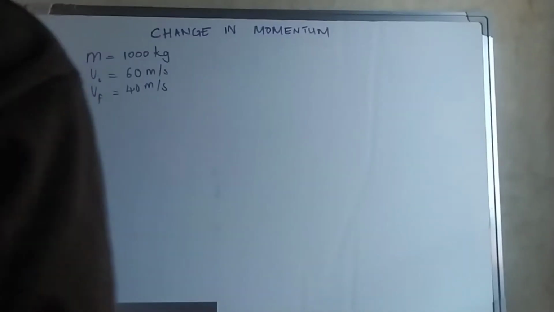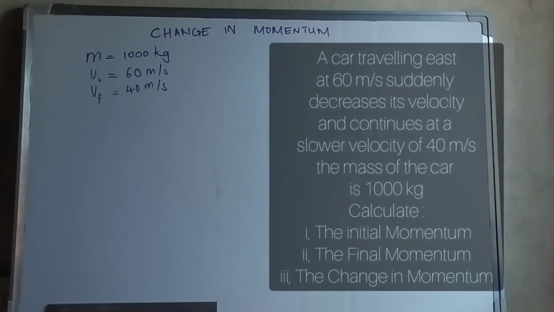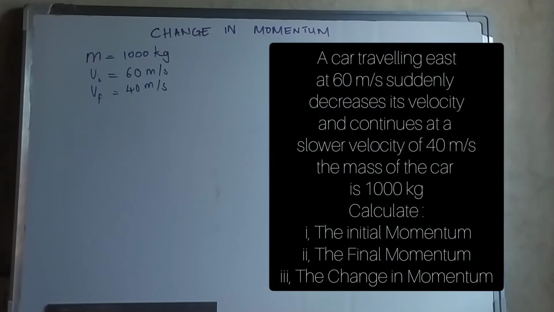Let us have a look at the first question. Let me just read it out. A car traveling east at 60 meters per second suddenly decreases its velocity and continues at a slower velocity of 40 meters per second. The mass of the car is 1000 kg. Calculate the initial momentum, the final momentum, and the change in momentum.